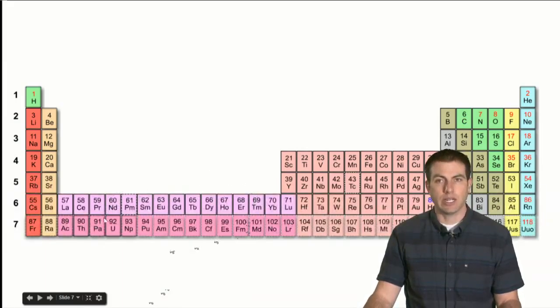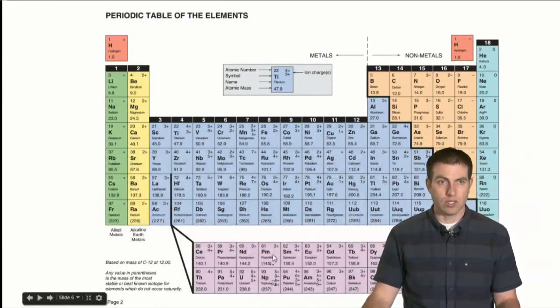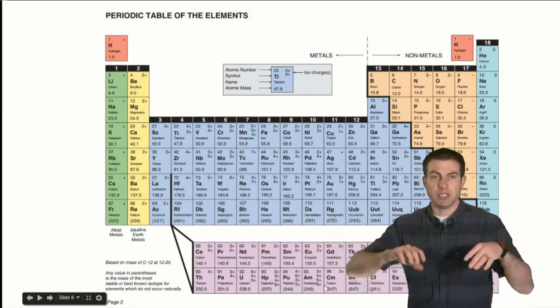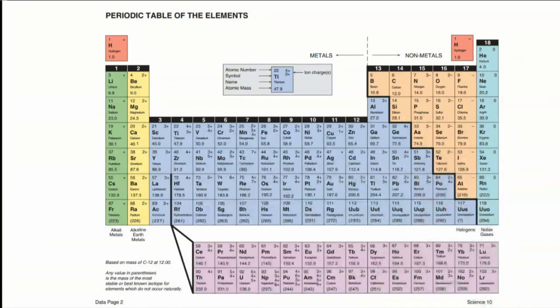We call them the lanthanides and the actinides. We've dropped them down below. These are all that middle part of the periodic table, but you can see that it wouldn't fit on a page if we cut that down the middle and spaced it out. So one thing to note is everything kind of goes up in atomic numbers.